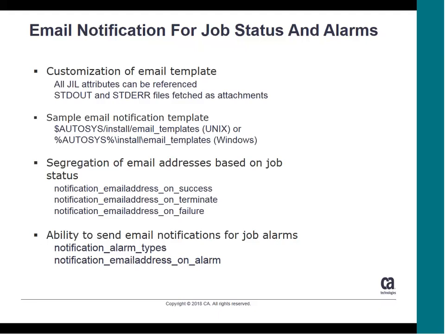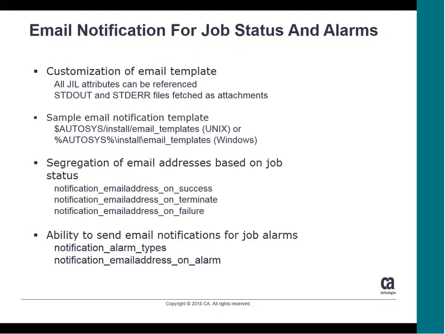For that, we have enhanced the insert blob GIL to take the email template as one of the blob types. The user has to do that, and can then refer to that email template name in the job definition. From there onwards, based on the status of the job, a respective email will be sent with the template that the user has inserted as a job blob.